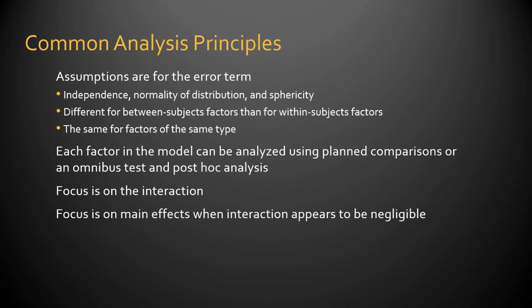But when we do put it in the model, the focus is on the interaction. And then if we can verify that it doesn't appear that there is interaction, or if we don't put it in the model, the focus is on main effects, either because the interaction appears negligible when we look at our data, or because we don't have it in the model because we do believe that the interaction is negligible.